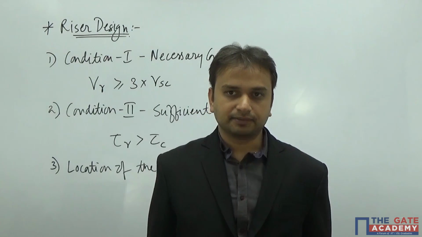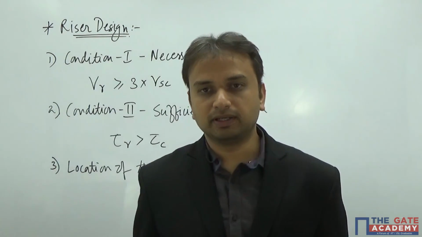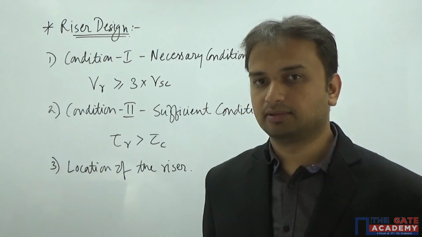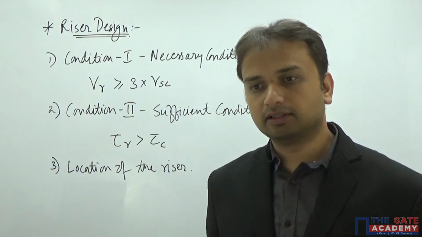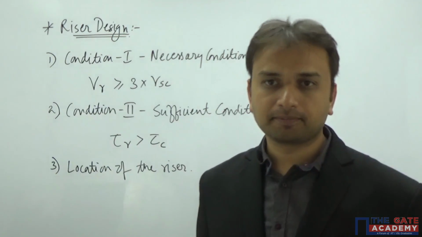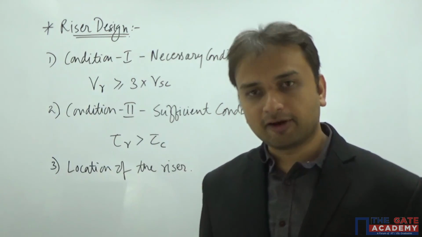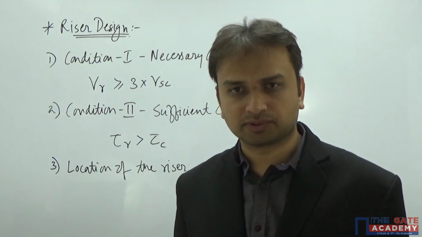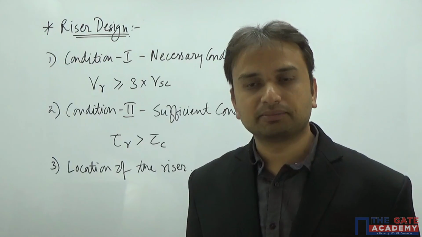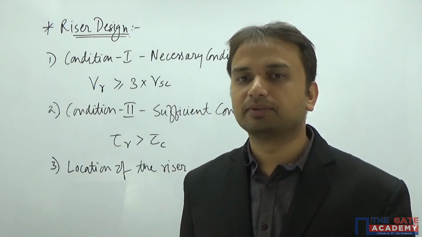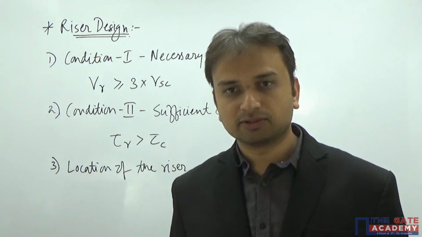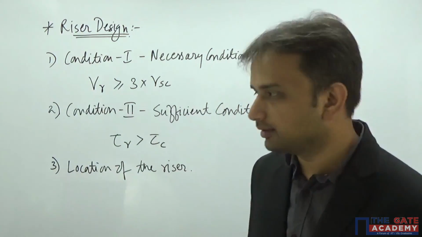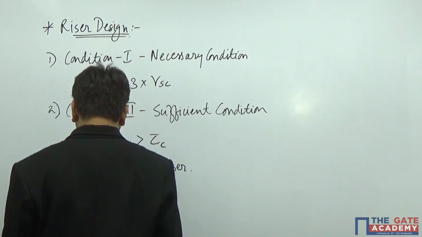The riser has to be placed in such a manner, at such a place, from where the molten metal could be delivered very easily, effectively and efficiently, wherever it is needed the most. Wherever it is needed the most, molten metal can be transferred from the riser to that point very easily. So accordingly, you have to locate your riser. So this is your third condition, right? And now the fourth condition is the shape of your riser.